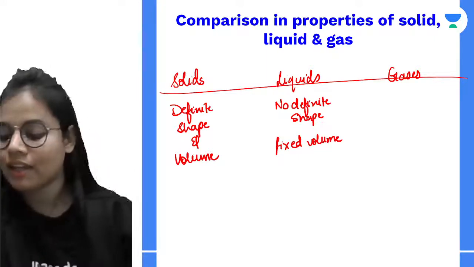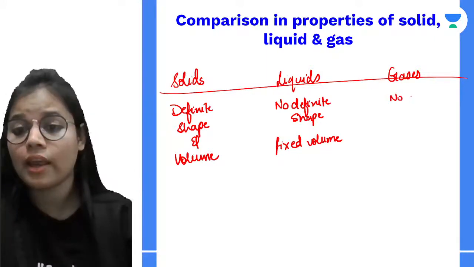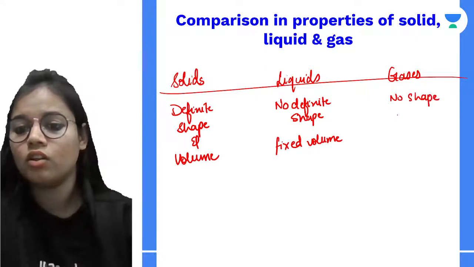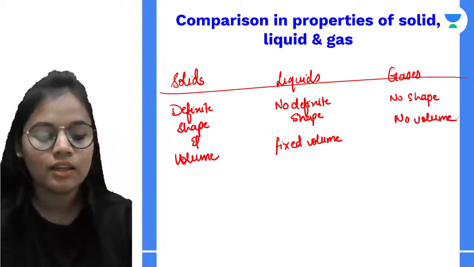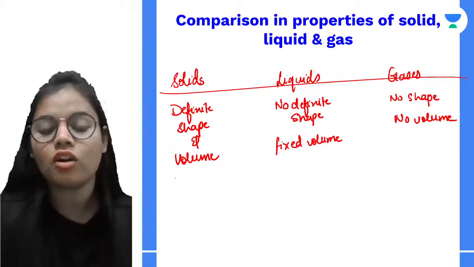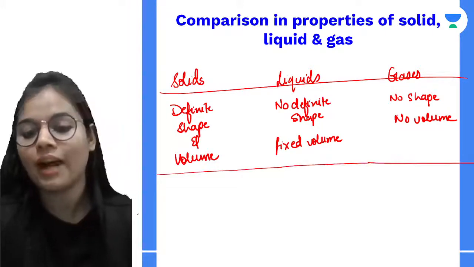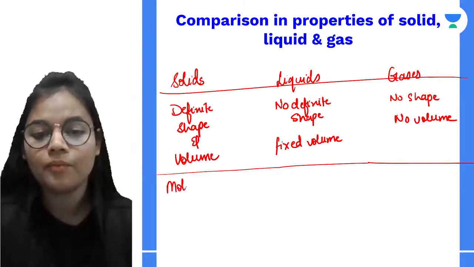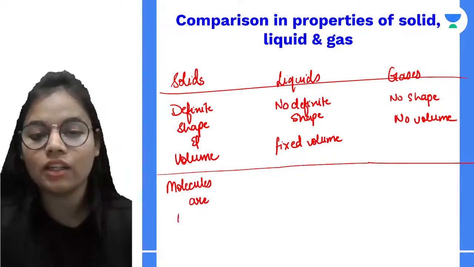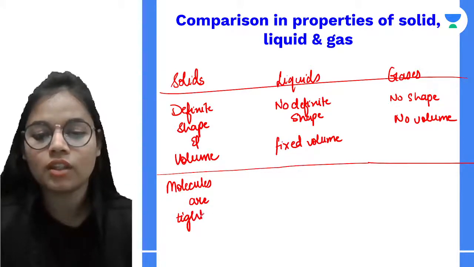Okay, and in the case of gases, there is no shape, no fixed volume. Correct? Okay. Then if I talk about how molecules are packed in the case of solids, the molecules are tightly packed.